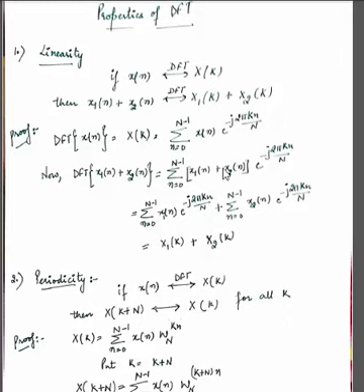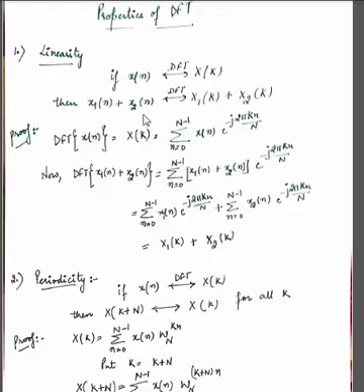So split this summation into two parts. We have two terms. First is summation n from 0 to N minus 1 x1(n) e raised to power minus j 2 pi k n over N, and second is plus summation n from 0 to N minus 1 x2(n) e raised to power minus j 2 pi k n over N. So the first summation is the formula of DFT, that is X1(k), the DFT of x1(n), and second we have the DFT of x2(n), that is X2(k).